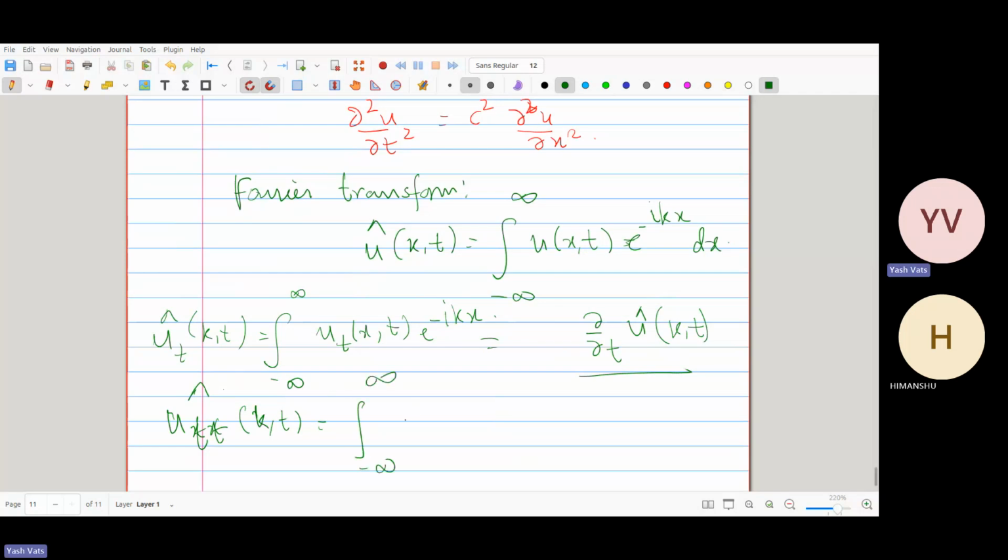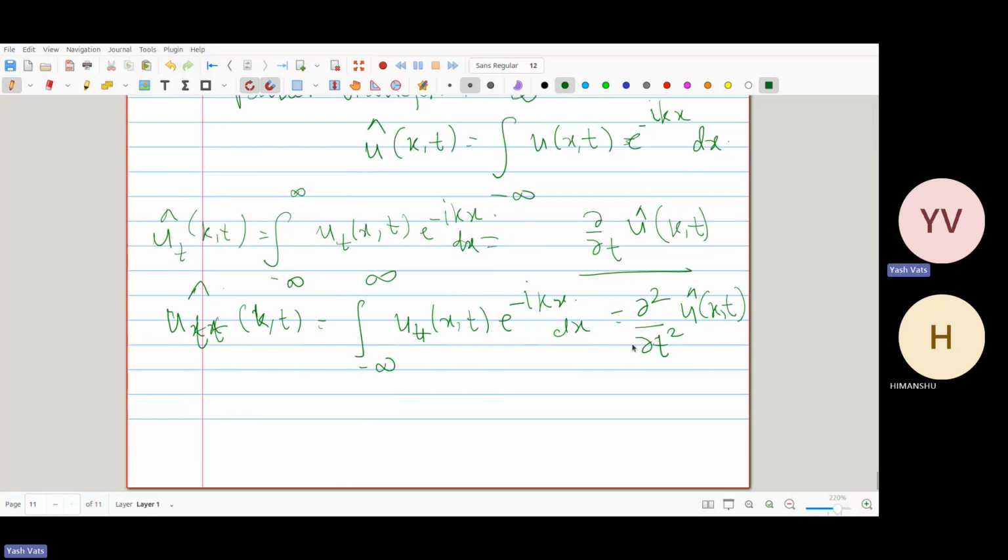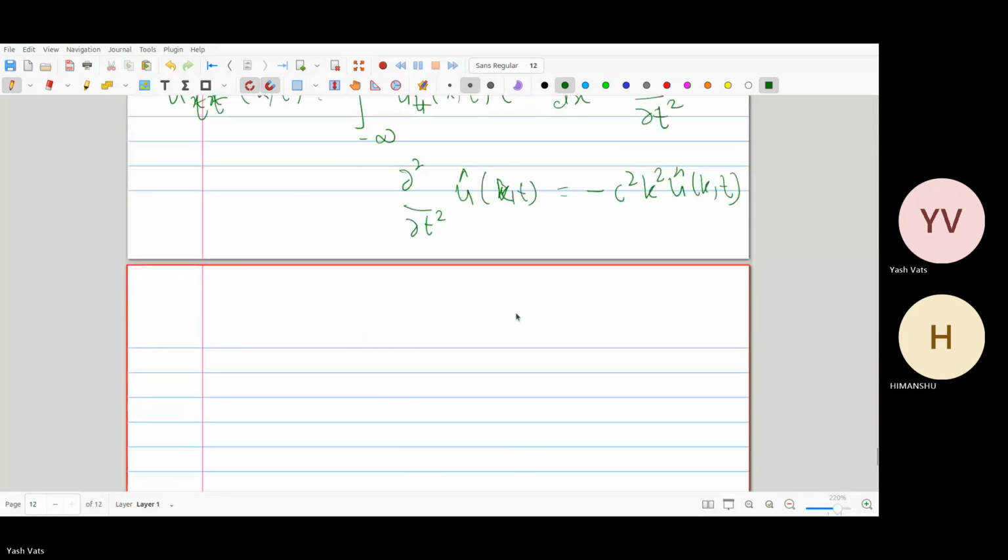So I write it again here, the integral of u_tt(x,t) e to the power minus ikx dx. That is also the partial derivative with respect to t of u hat (k,t). So del t2 of u hat (k,t) is just minus c square k square u hat (k,t).